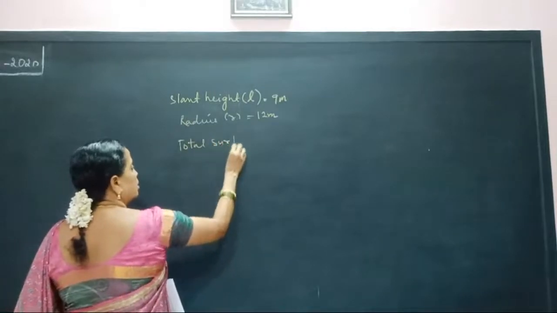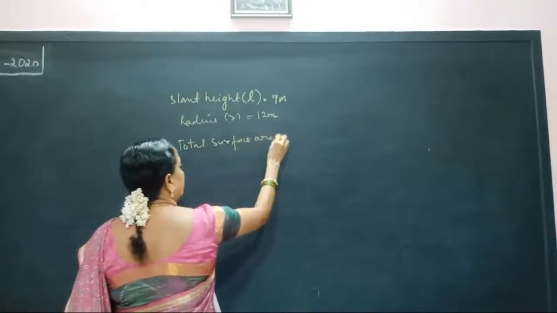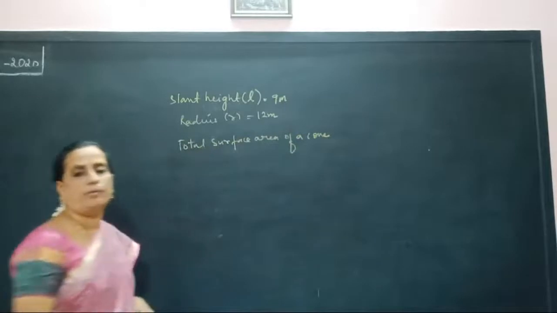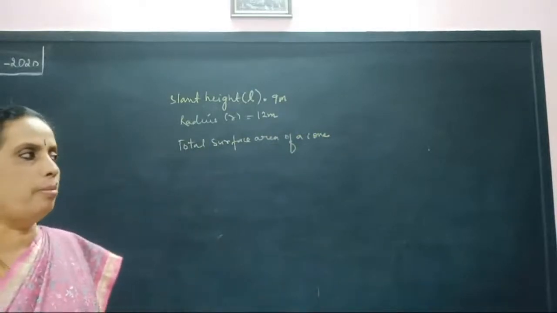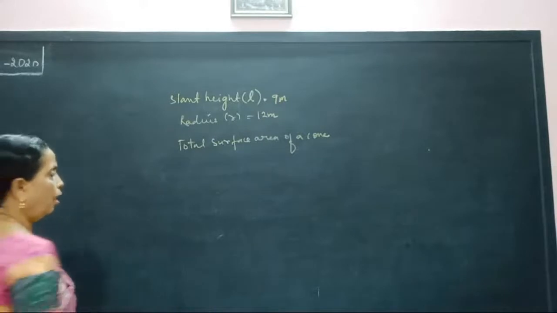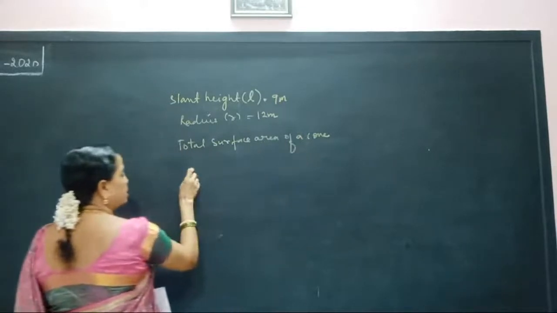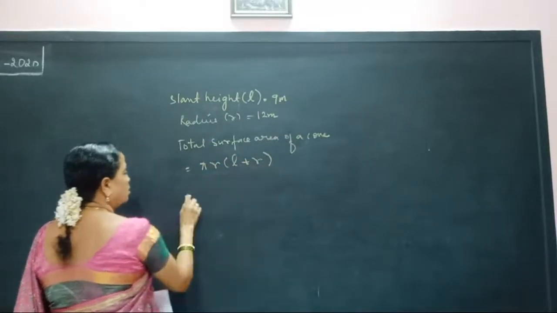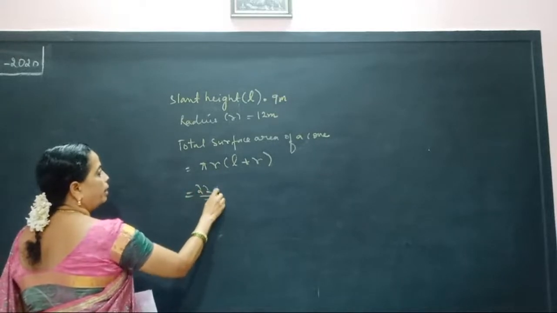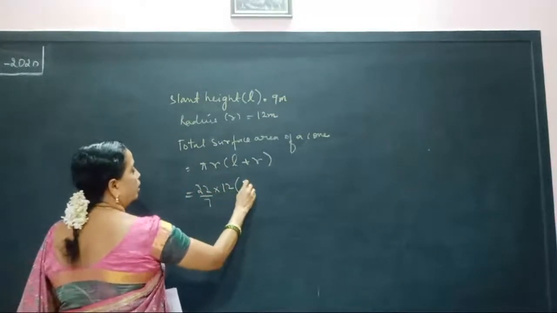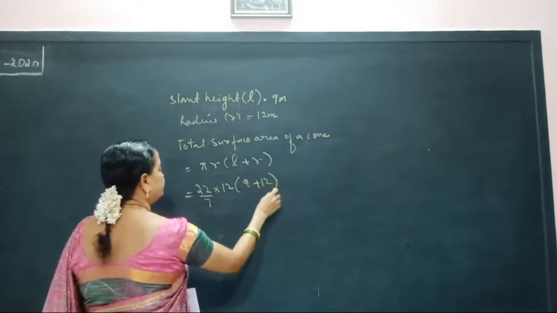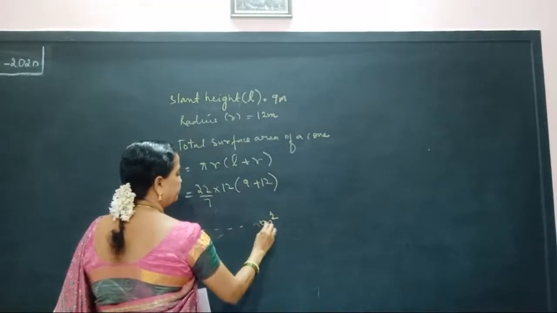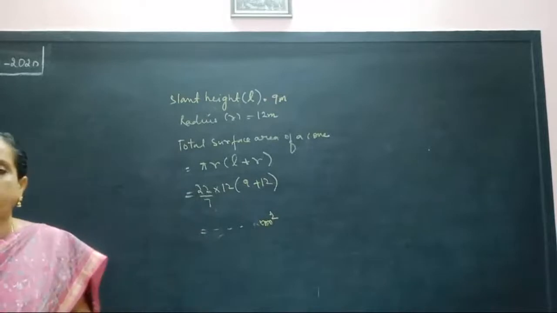Total surface area of a cone. Always mention to which solid you are finding it. If it is MCQ, no problem, but for statement problems you have to mention to which solid you are applying the formula. That is pi r into L plus r. Substitute 22 by 7 into 12, then 9 plus 12. Keep the answer in meters square. Do the calculation.